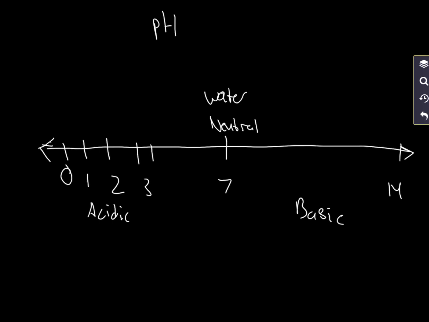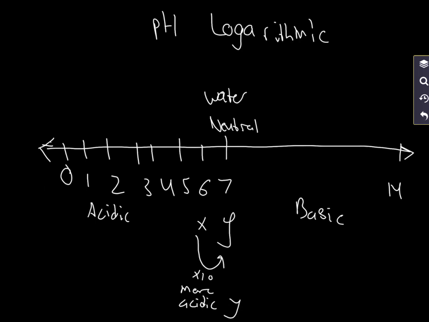Let me just draw this out. Let's say we're comparing something that has a pH of 6. Let's call this X. And let's say we have something that's 7. Let's call this Y. What would you say about X and Y? You would say that X is 10 times more acidic than Y. So the thing with the pH of 6 is 10 times more acidic than the thing with the pH of 7.